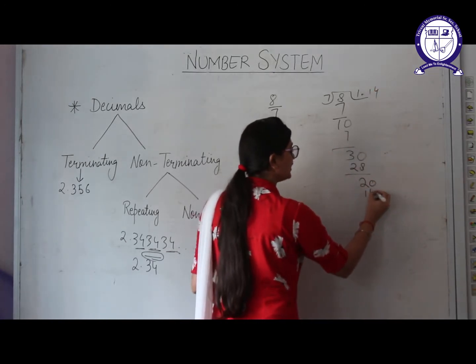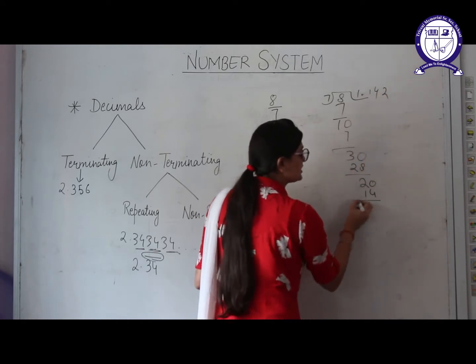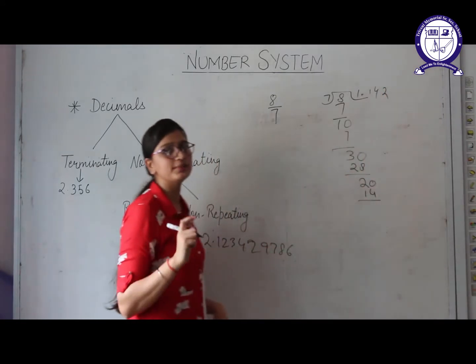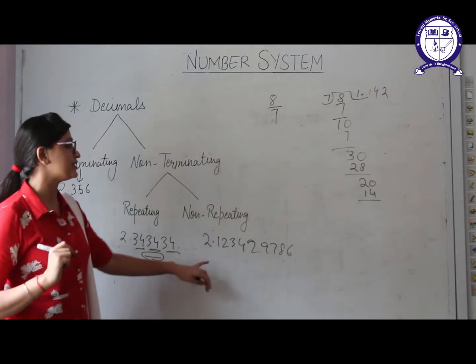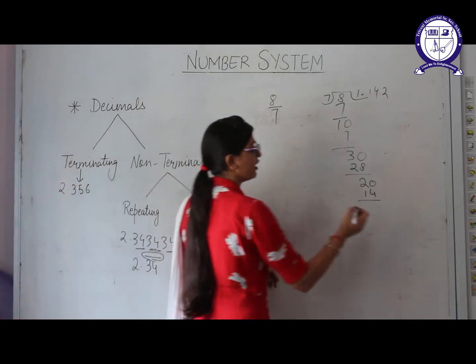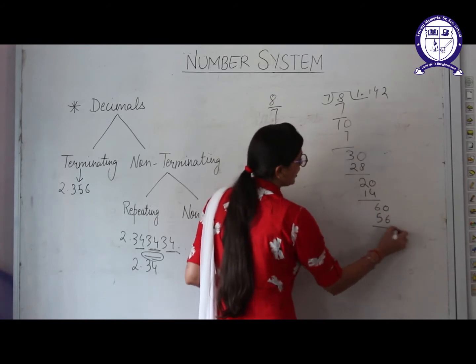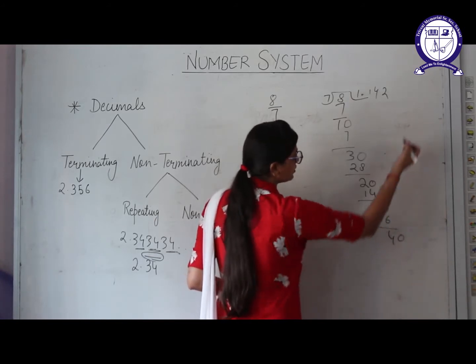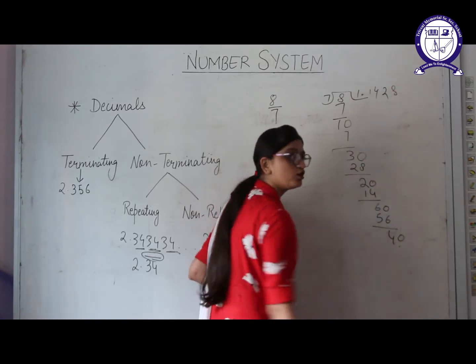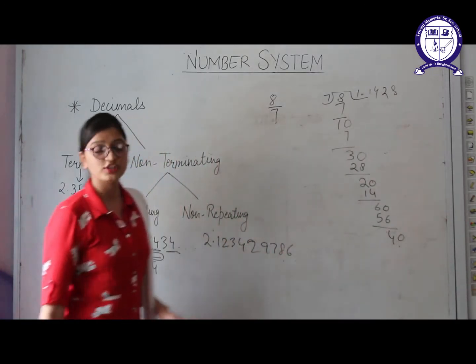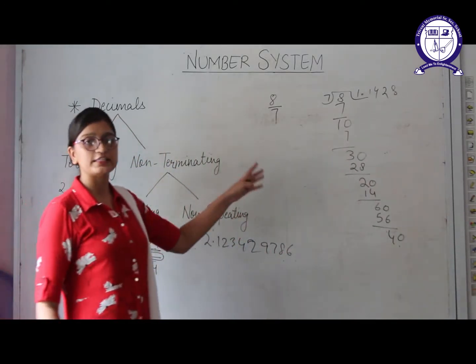Again 0, 14, 2. We can see this will be a non-terminating, non-repeating decimal because it will go on infinitely, like 60, then 56, then 40. It will go on and never end. So this is the method of finding the decimal expansion.